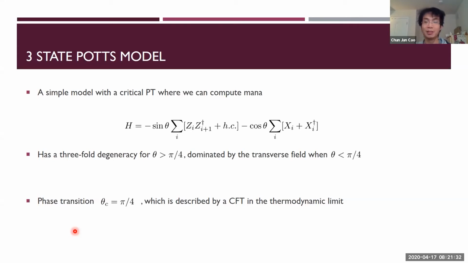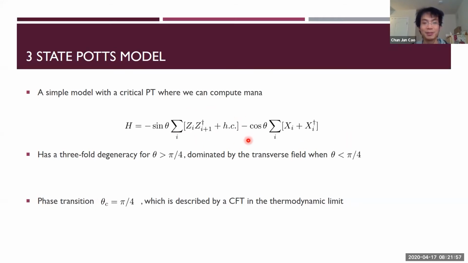Now we talk about the model we use for conformal field theory. It's called the 3-state Potts model, because the mana measure only works for odd-dimensional Hilbert space. What's the smallest odd dimension you can find? It's 3, right? So this Potts model is sort of like a cousin of the transverse-field Ising model.